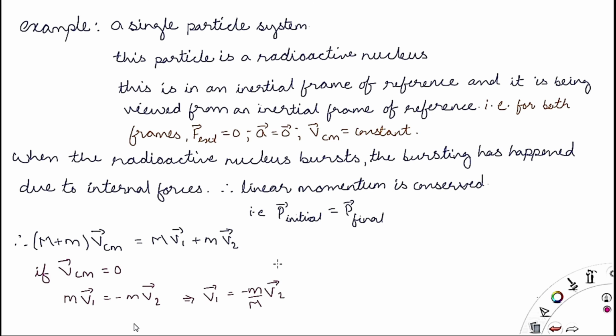Now if the velocity of the center of mass is equal to 0, meaning the left hand side is equal to 0, then you will get capital M into v1 is equal to minus small m into v2, which implies v1 is equal to minus small m into v2 by capital M. That is how it ends here. Thank you.